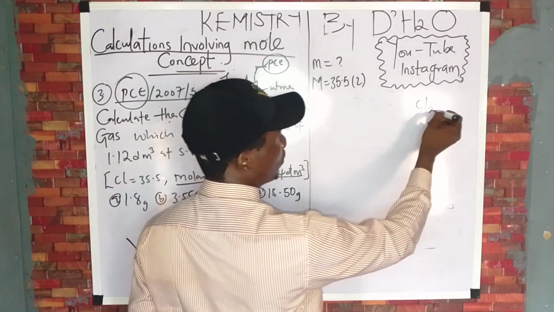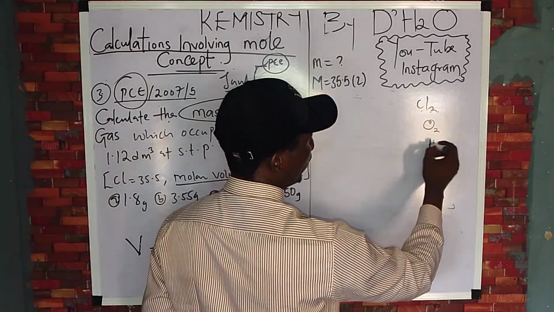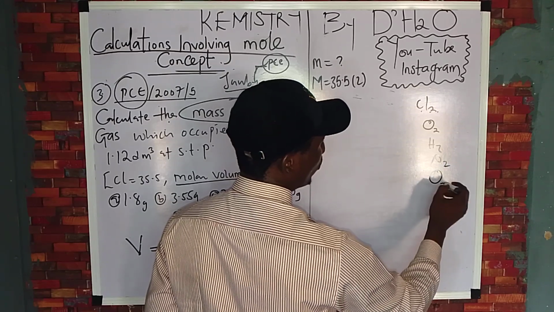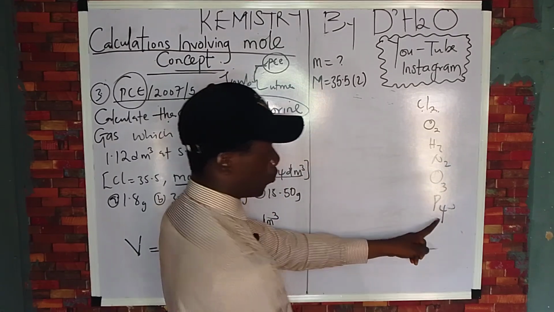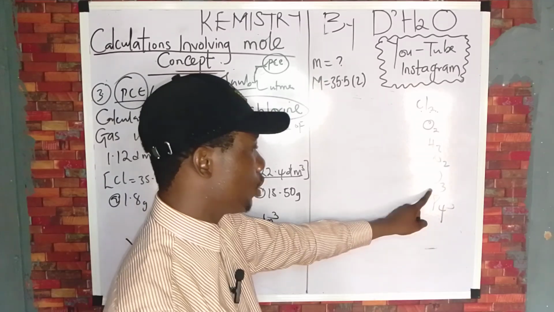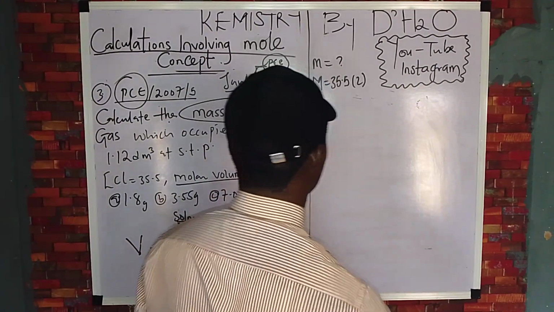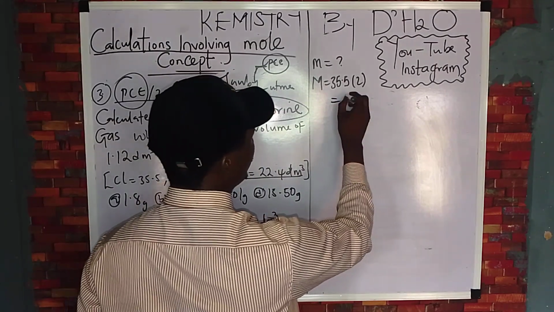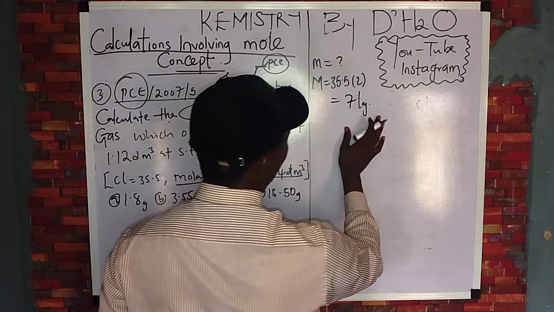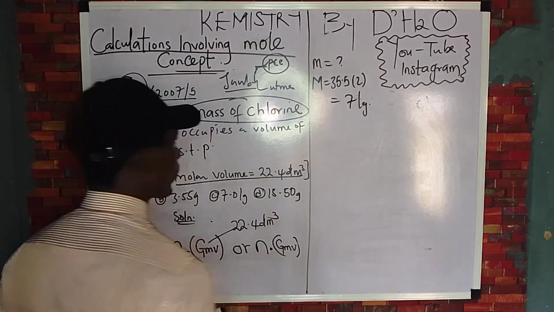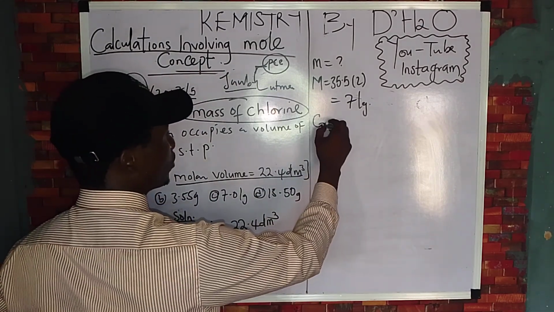You have Cl2, O2, H2, N2, O3, P4. Now, if you multiply 35.5 times 2, you get 71 grams of chlorine. Now, what did they say is our gas molar volume?